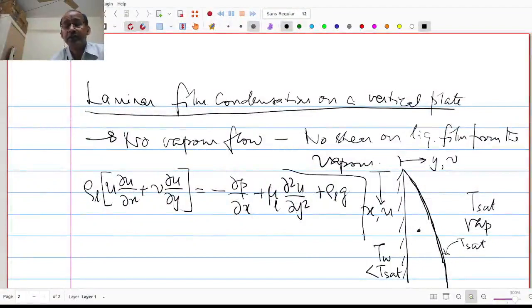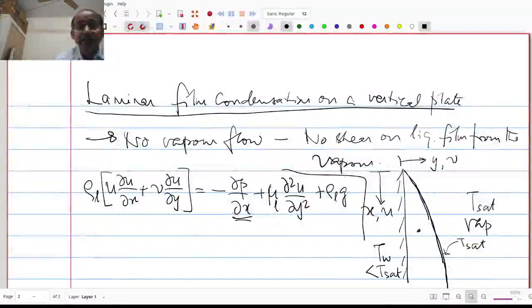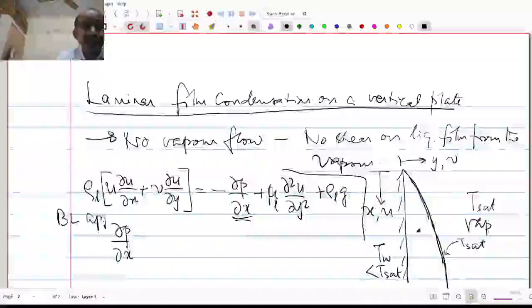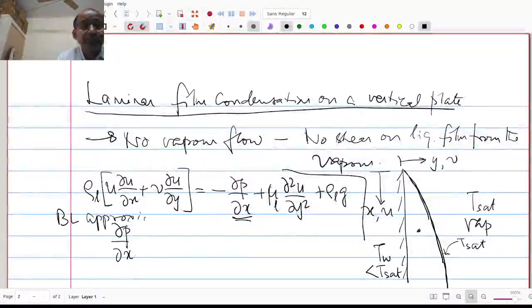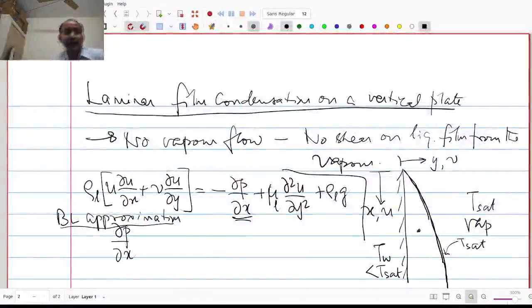Okay, so this is the equation. Now in this, with the boundary layer approximation, we can say that del P by del y inside the liquid film is negligible, and therefore del P by del x will actually be equal to dP by dx.